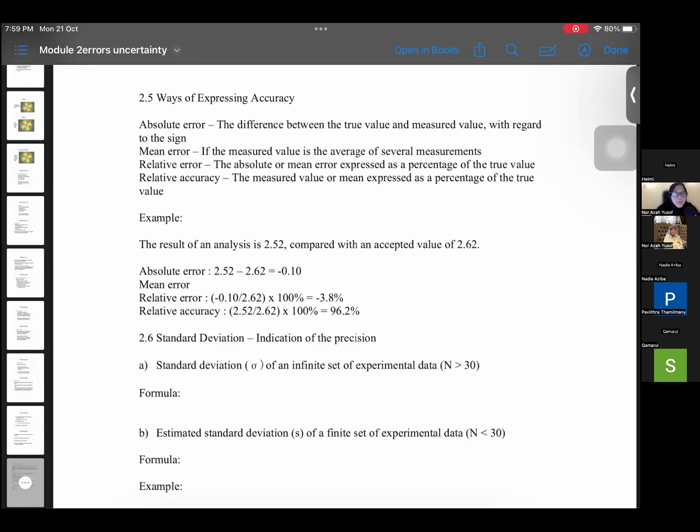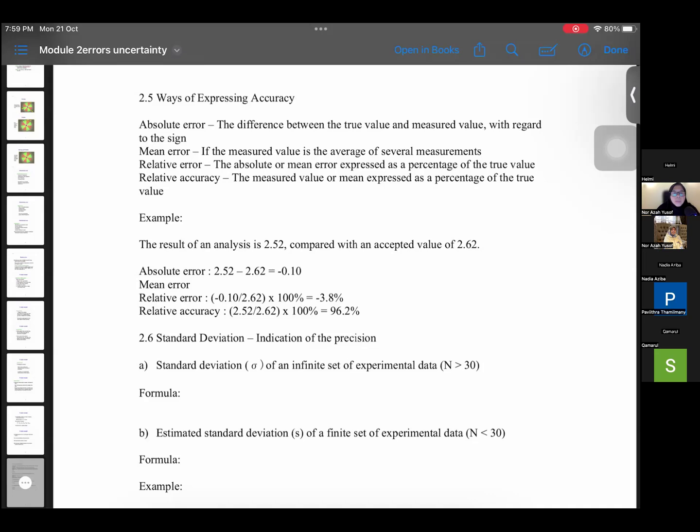I hope that by now you can at least differentiate between grab sample, gross sample, lab sample, and analysis sample. I have also asked you to read chapter 2, page 49, particularly on sampling and sample preparation in general. The book is already in Putra Plus.